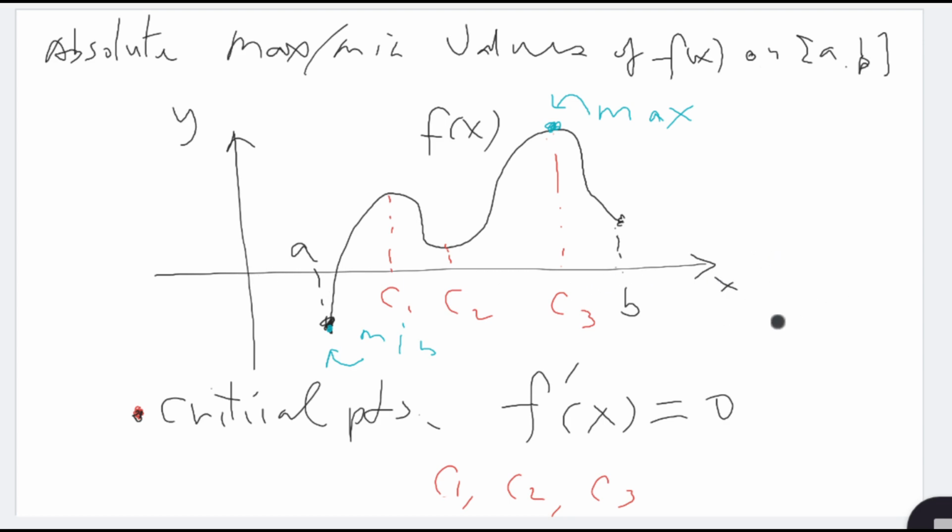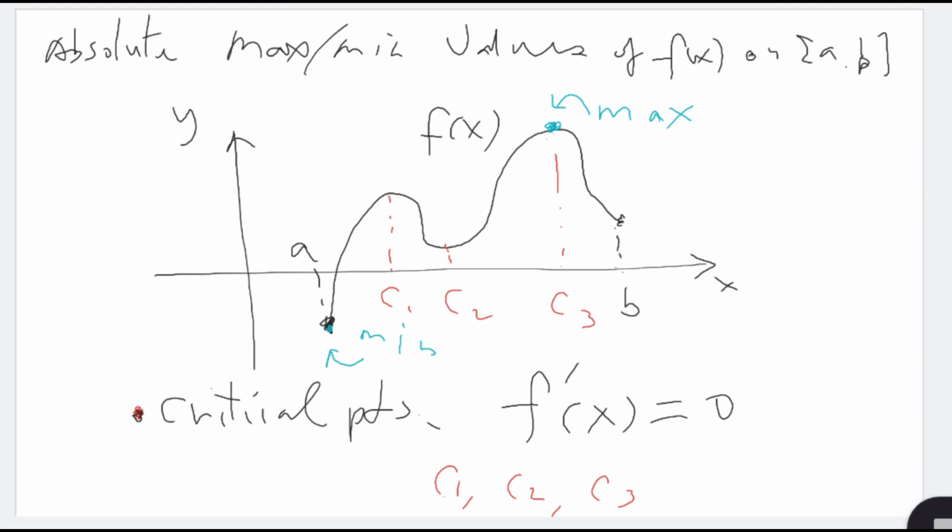We would discard those, right? Because all we care about are locations between a and b. Okay. So find C1, C2, C3, evaluate the function at C1, C2, C3 and a, b, compare, and we can tell the maximum and minimum right away.